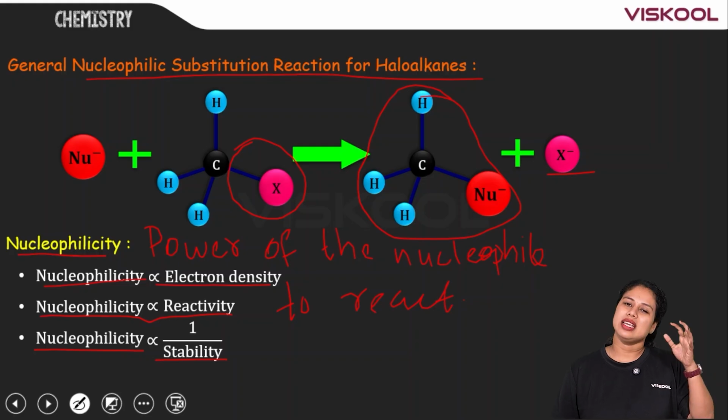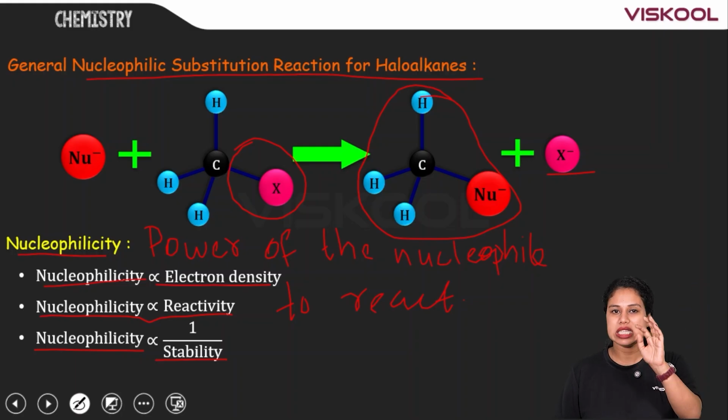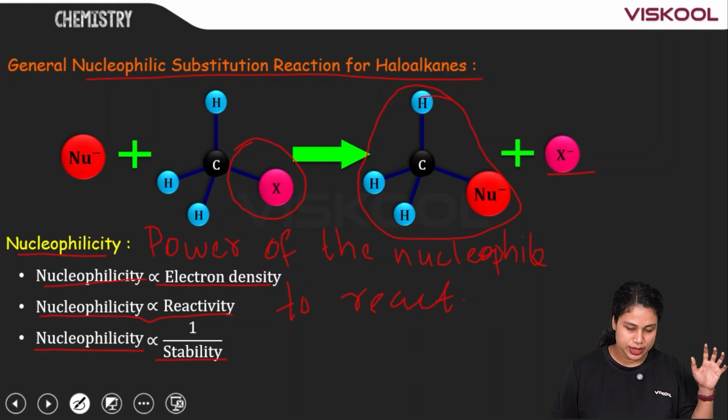Because stable means they like to remain stable without participating in any reaction. So with stability, the power of the nucleophile to react is less. Fewer reactions will take place in the case of more stability. So more stability, the nucleophilicity is less, or we can say nucleophilicity is inversely proportional to stability. Is this clear? So nucleophilicity is directly proportional to electron density and reactivity, whereas it is inversely proportional to stability.